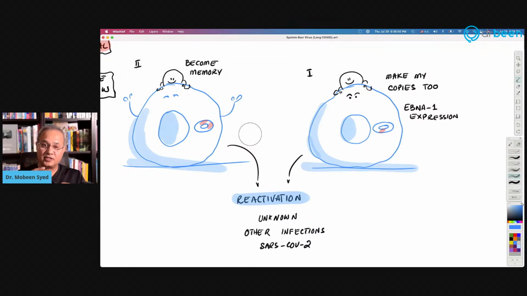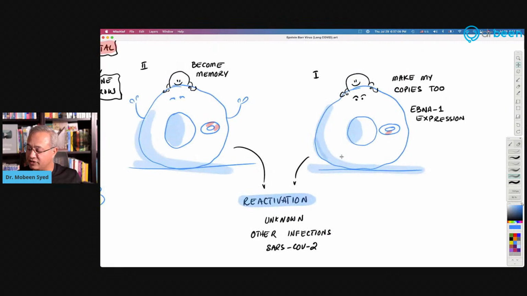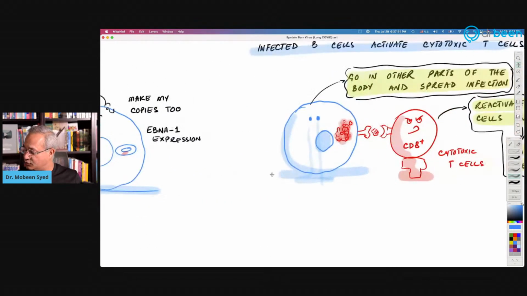Then it wakes up in another few years, makes more daughters and goes to sleep again. It keeps a balanced quantity of itself in a person's body so it is not eliminated. That is how clever this virus is. So it can be reactivated, and once it is reactivated, it can cause infection as well.